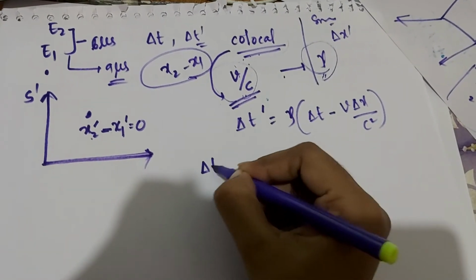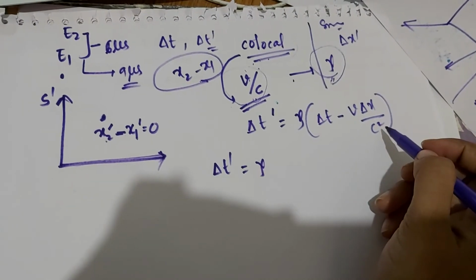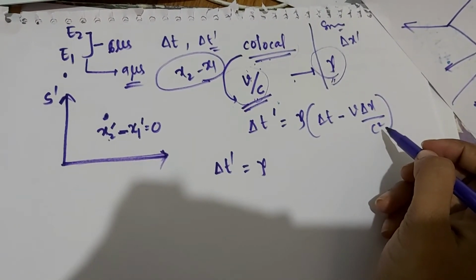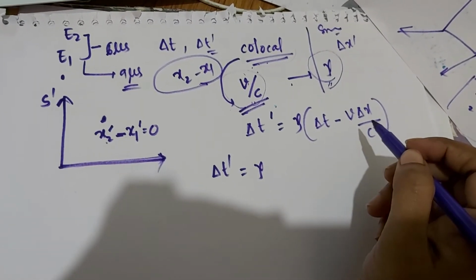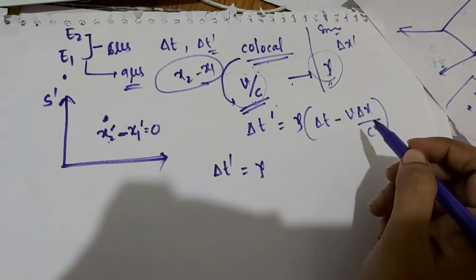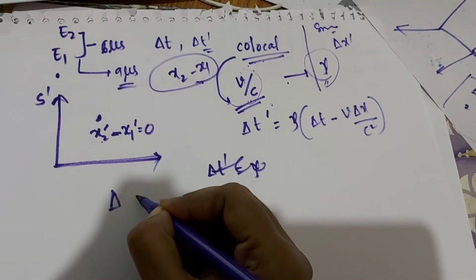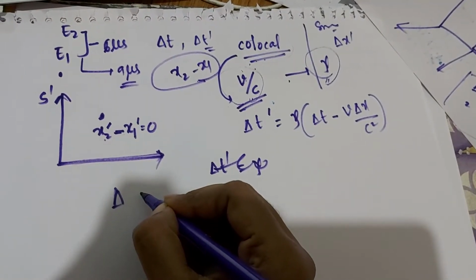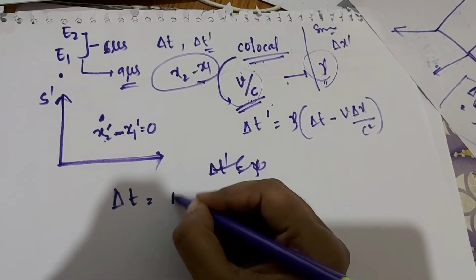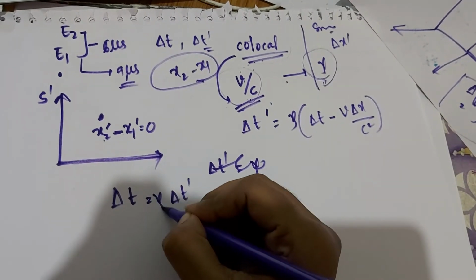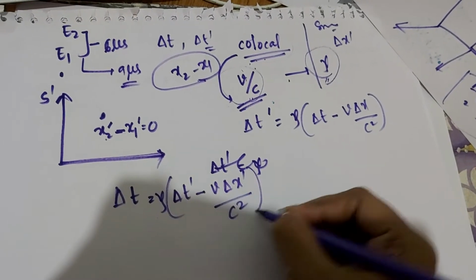So Δt' is equal to γ(Δt − vΔx/c²), right? Now, as they are happening at the same place, we can take Δt equal to γ(Δt' + vΔx'/c²).